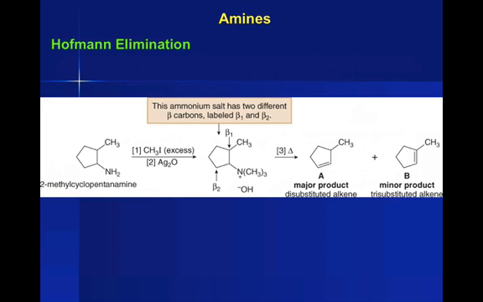What's different about those two pathways? Is it just the methyl group? Because if it was just the methyl group, you would predict that it would be a Zaitsev product. Keep going down that rabbit hole.